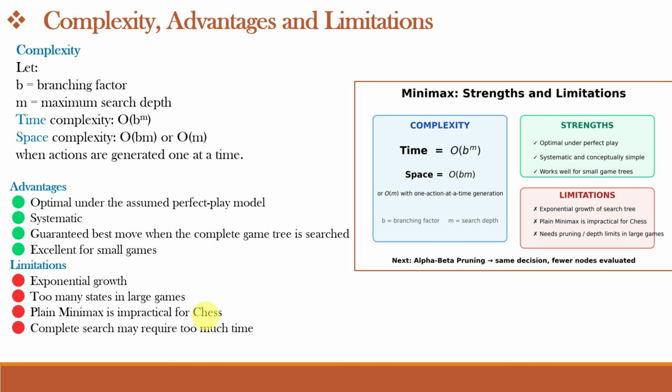So exploring the complete tree becomes impossible for the Minimax algorithm. Therefore, although Minimax is theoretically optimal, we need techniques that make the search more efficient. The most important technique that we will study next is alpha-beta pruning. Alpha-beta pruning can avoid exploring branches that cannot affect the final decision.